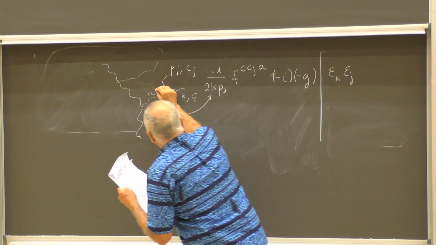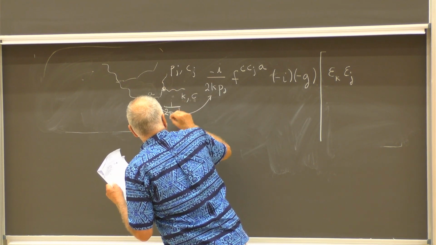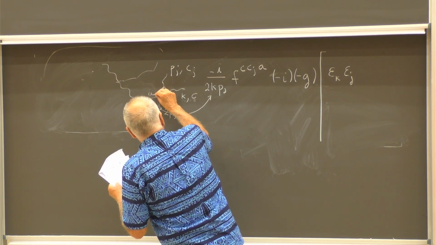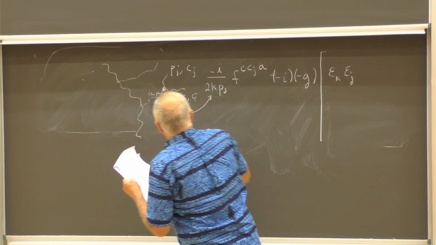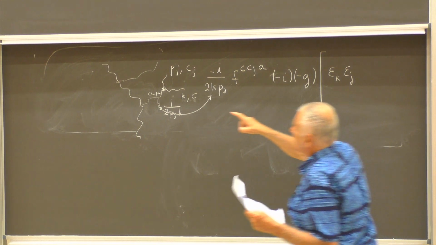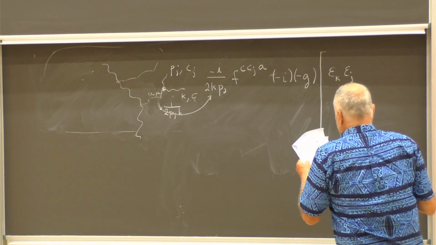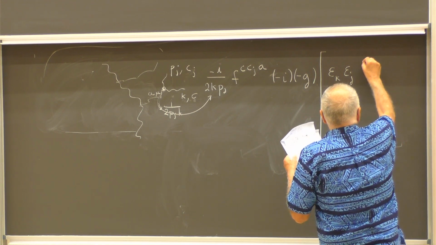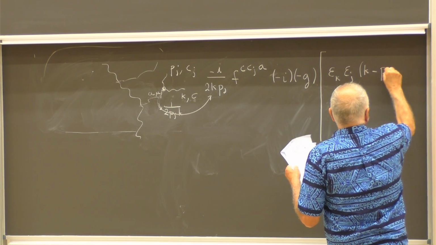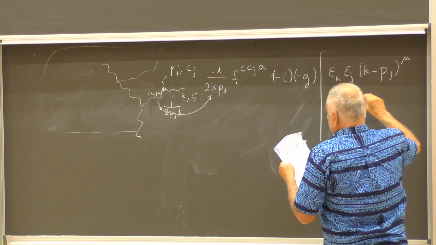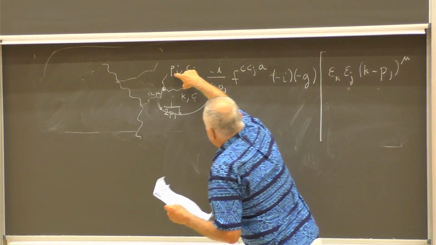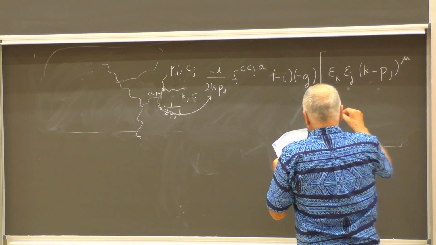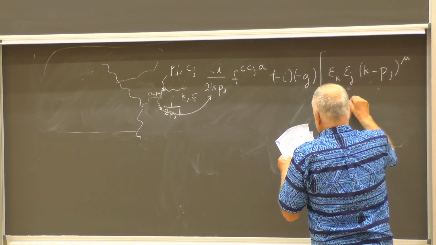Okay, there's another index, the vector index which connects with the rest of the diagram. Then there is the (K minus Pj)_mu term. So two polarization vectors contract in this one, and what is left is the momentum factor, and there will be another one.